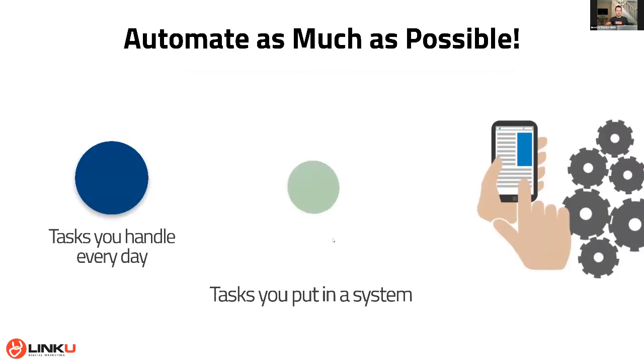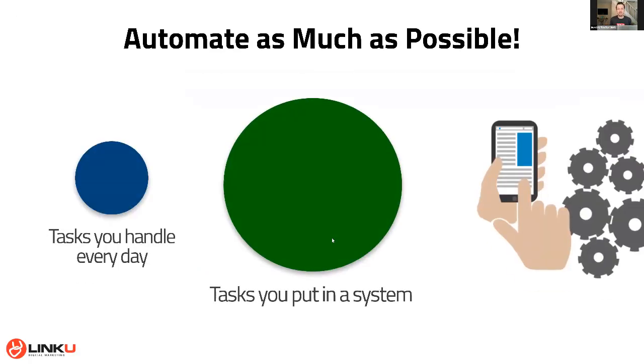Now, when it comes to automation, what you want to do is analyze the tasks you're currently doing and think about what can be automated. Sometimes people don't know.